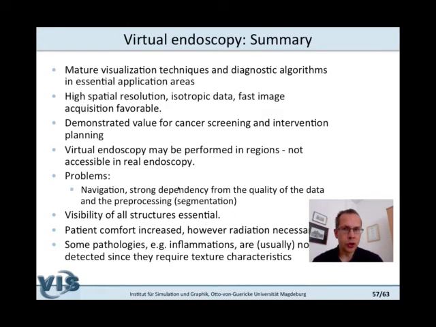With respect to image acquisition, a high spatial resolution, isotropic data, and fast image acquisition are favorable. Typically, we do not have initially isotropic data, but if the slice distance is very low, we are at least not too far from isotropic data, and often in a pre-processing step, the data set is resampled so that it is indeed isotropic when we use it for image analysis and visualization.